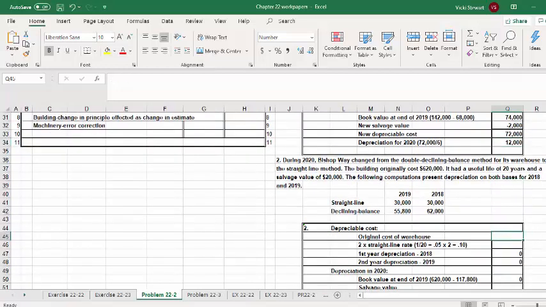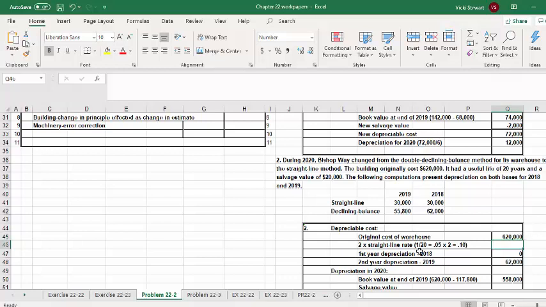So we will look at how we were calculating the depreciation using the double declining balance. The original cost of the warehouse was $620,000. When you use the double declining balance method, you do not subtract the salvage value. You just don't depreciate below that. So you multiply the original cost in each of the years by 2 times the straight line rate.